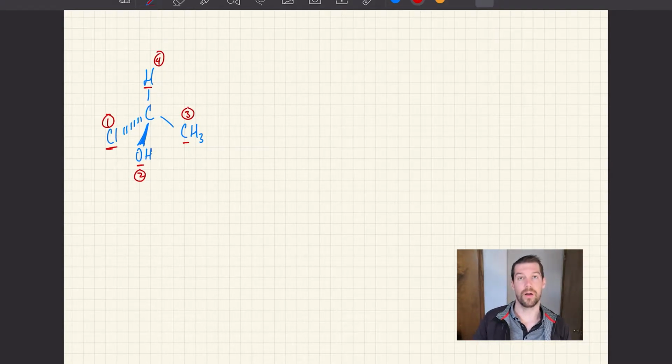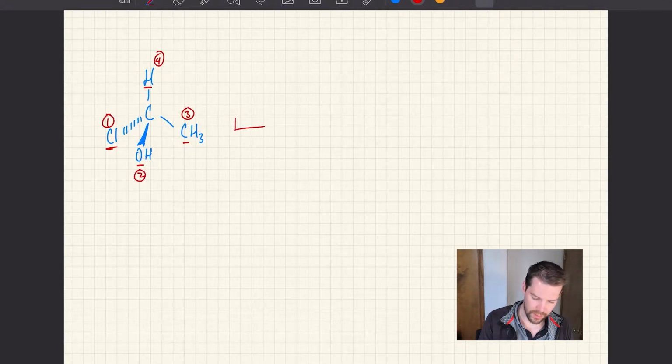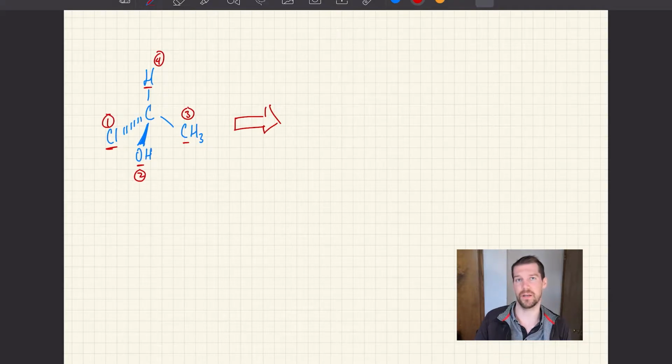Now the next part of assigning our configuration says that we have to put the 4th substituent in the back. So what I'm actually going to do here is redraw this compound such that the hydrogen is in the back, okay? I'm just going to tilt it up in the way that I'm drawing it here.